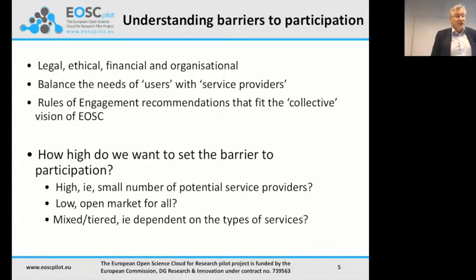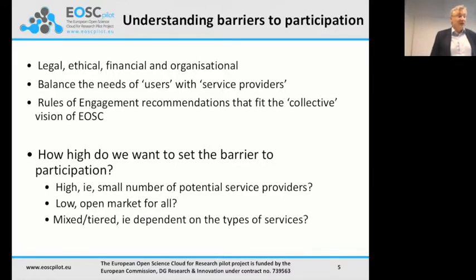First one has to look into understanding the barriers to participate. If we have a big infrastructure with various different services that could be presented under an EOSC umbrella, there are of course a number of barriers for participating. What has been looked into here are the legal, ethical, financial and organizational barriers.